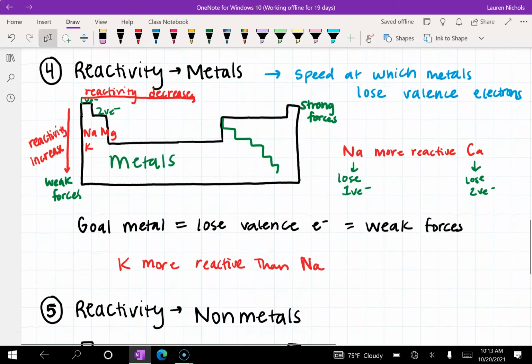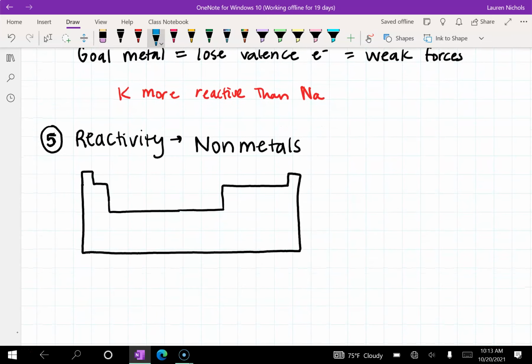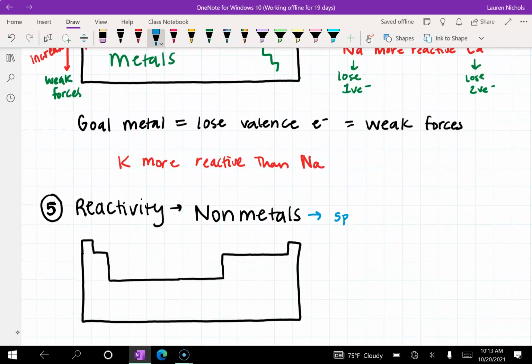Now, the very last thing is we want to talk about reactivity again, but for nonmetals. So remember, nonmetals are not going to lose. This is going to be the speed at which nonmetals gain valence electrons. So they're trying to gain valence electrons.